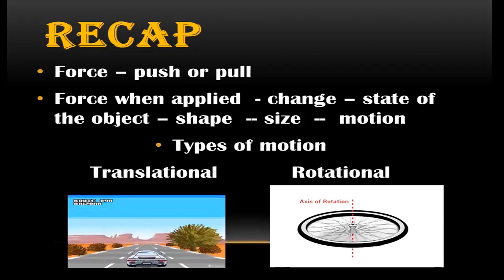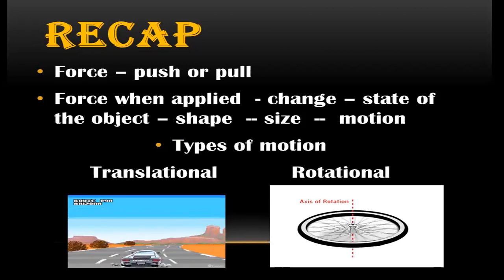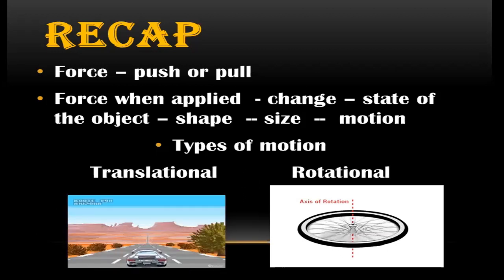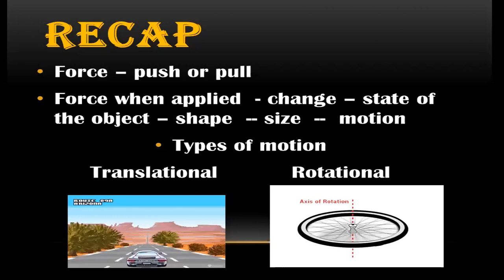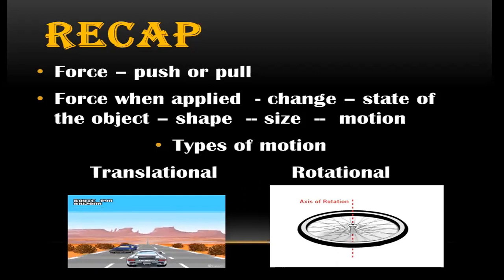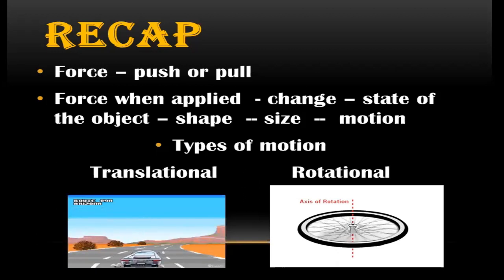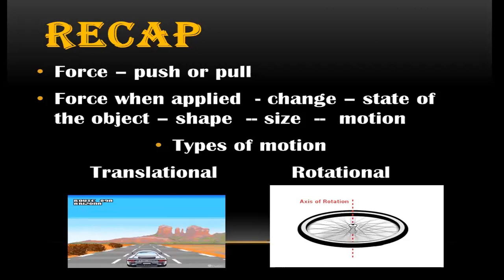So this is all about force, and you've learned all this in your 9th standard. What's new here in 10th standard is that we are going to learn about the types of motion. The 2 major types of motion which we will discuss in this chapter are linear or translatory motion and rotational motion. What is linear or translatory motion?